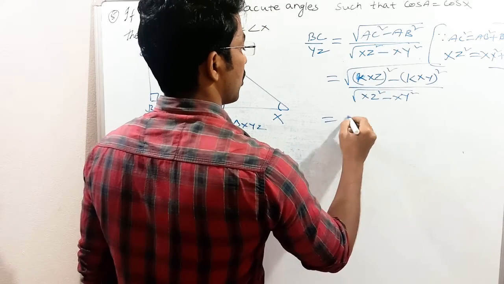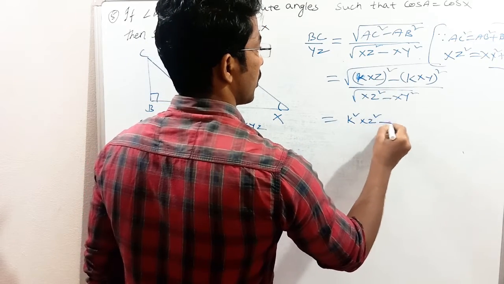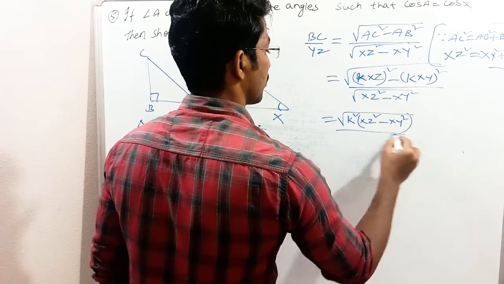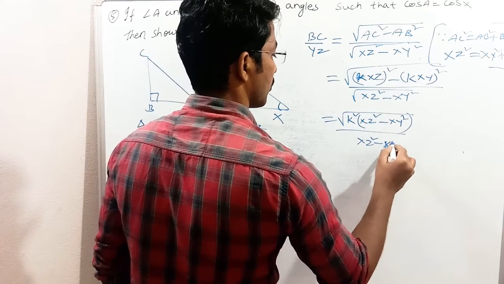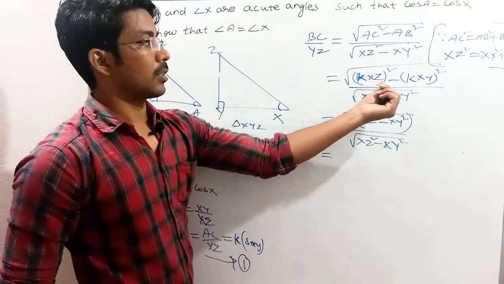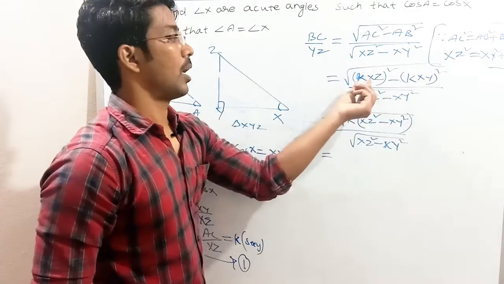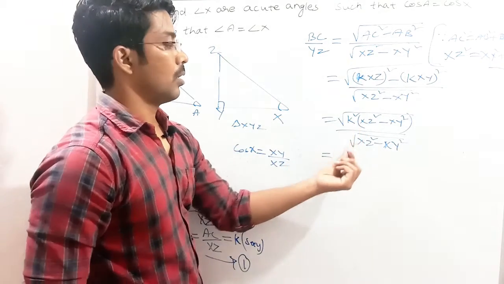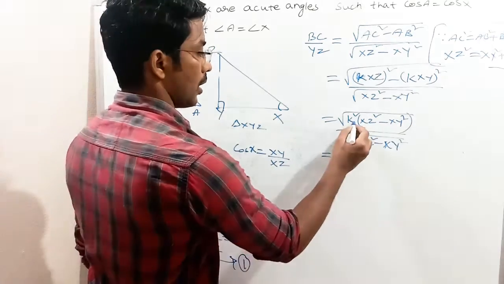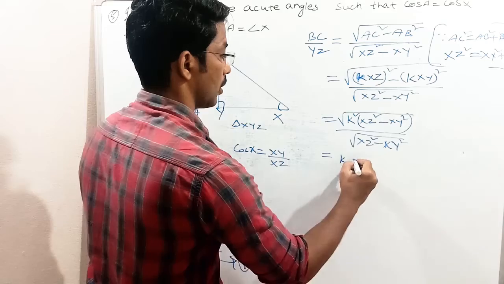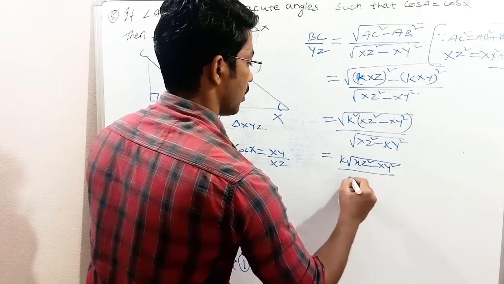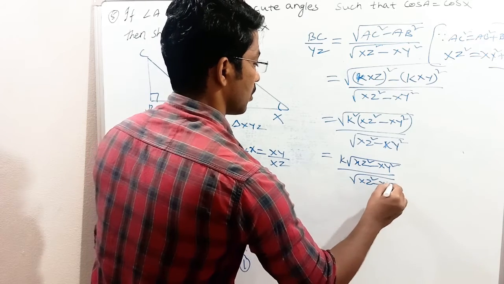So K square is common, and putting XZ square minus XY square in a bracket, taking K square outside, we get K times the square root of XZ square minus XY square by the square root of XZ square minus XY square.